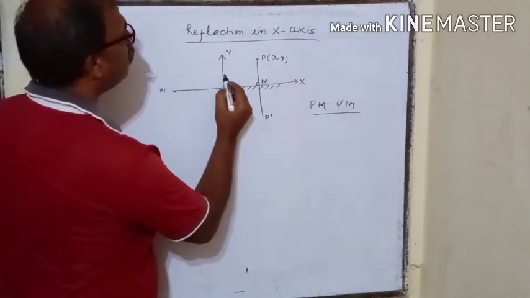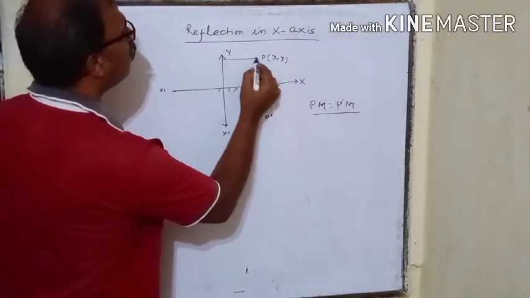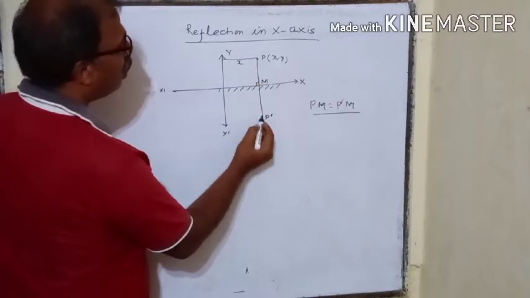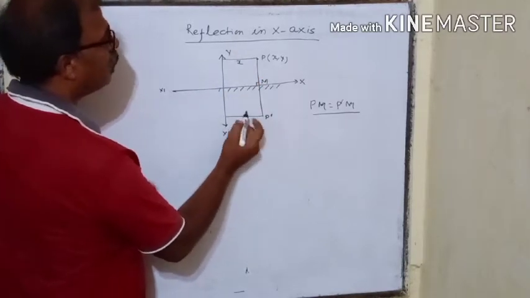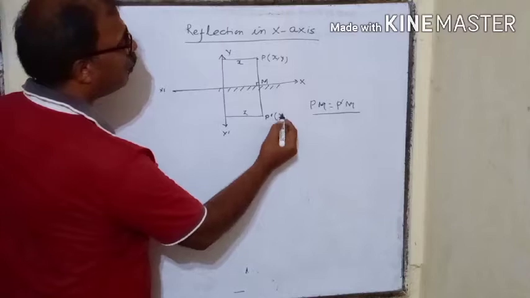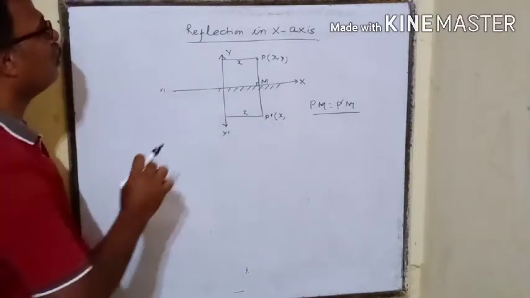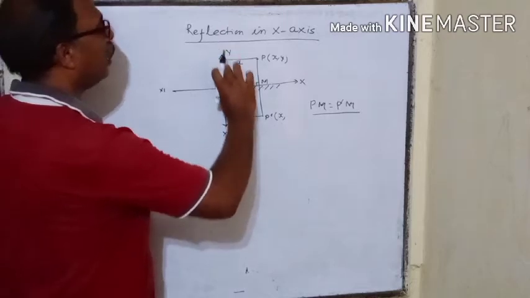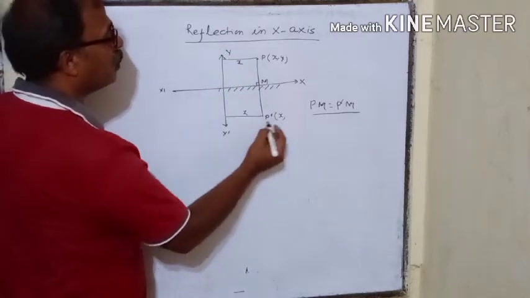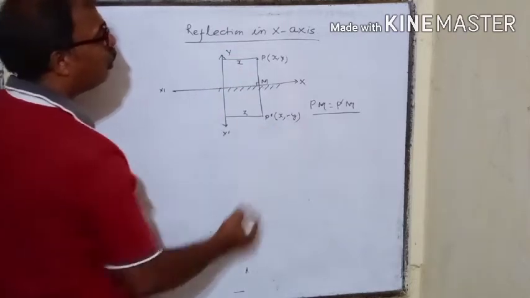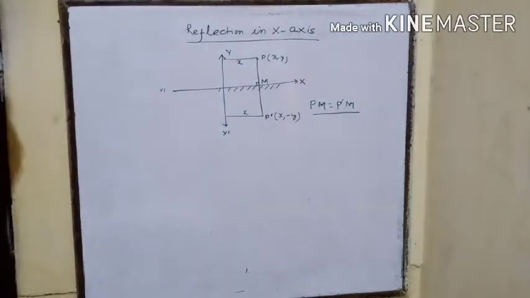Now see, this point's distance from the y-axis is x, and the image point's distance from the y-axis is again x. So the x coordinate is not going to change; it will remain x. But here this distance is y, and this distance is y dash minus y. So the coordinate of P dash will be x and minus y.